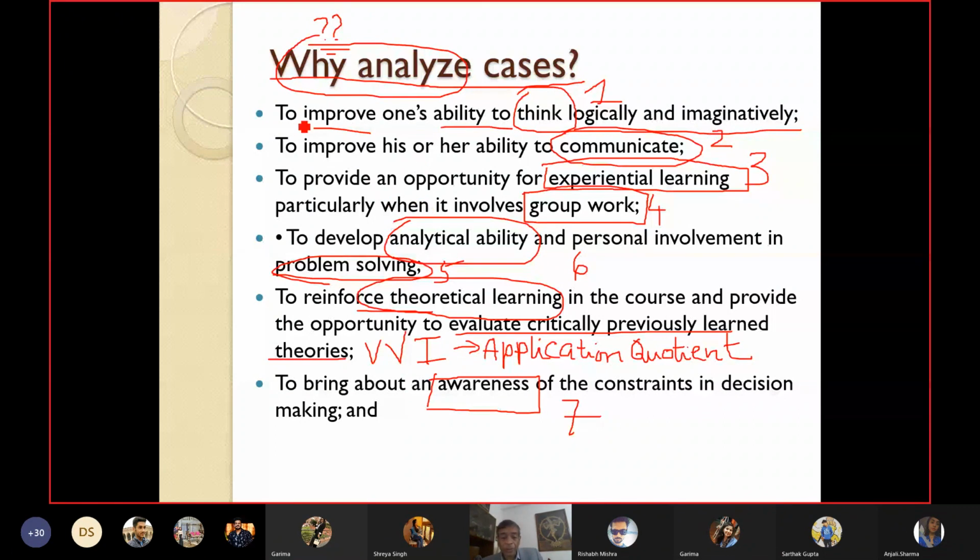So, ladies and gentlemen, I'm just putting down the three things which are vital for an MBA student in a case study. One is group work, I'm putting it in star. One is solution deciphering, and one is the application of theories. So, you work in a group, apply your theories, and come out with solutions.